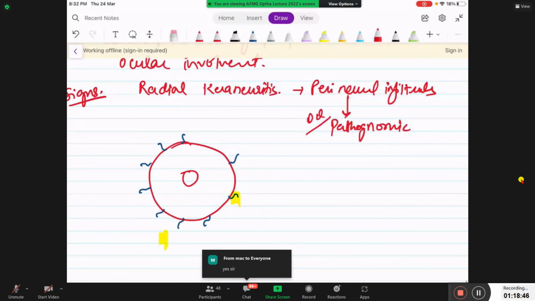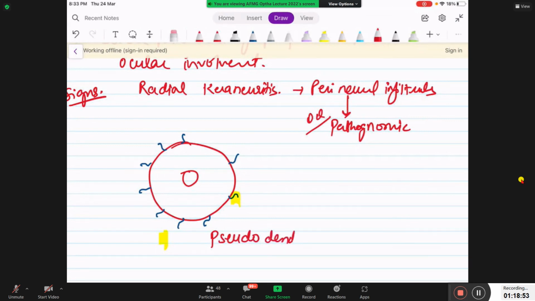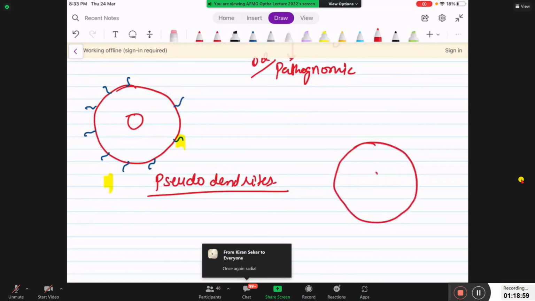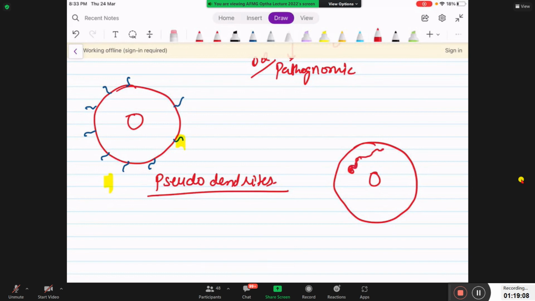Apart from radial keratoneuritis, the next important sign is you will see pseudodendrites. What are pseudodendrites? We have talked about dendrites, right? Dendrites were linear branching ulcers with terminal knobs and buds, like these. These were the terminal knobs.